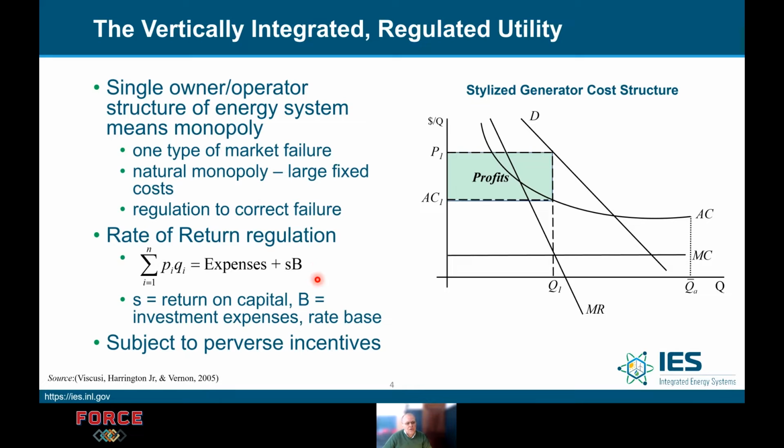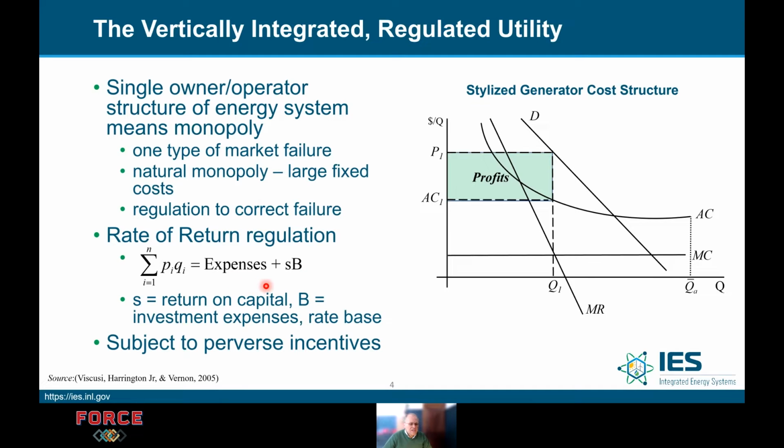So in a rate case, the utility is negotiating with the state regulator this rate of return on allowable capital. They're also negotiating with the regulator which portion of their expenses can be attributed to the rate base versus which are simply operational expenses of running the system.